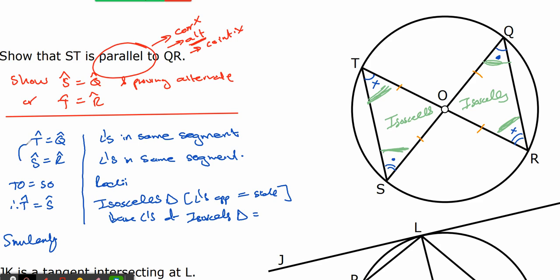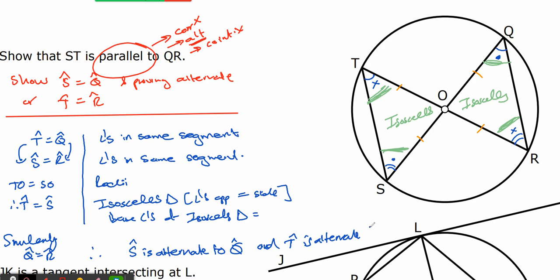Similarly, like T is equal to S, Q is also equal to R. So if Q is equal to R and T is equal to S, then therefore angle S is alternate to angle Q, and angle T is alternate to angle R. And so therefore TS is parallel to QR, and then we stop there because of alternate angles here.